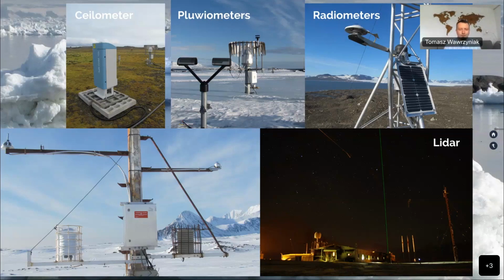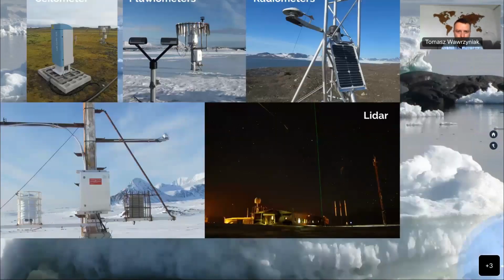So this includes thermometers, barometers, hygrometers, and anemometers that measure the wind speed and wind direction. And in the past, in Hornsund, we also used LiDAR that provided information on the aerosols in the atmosphere.